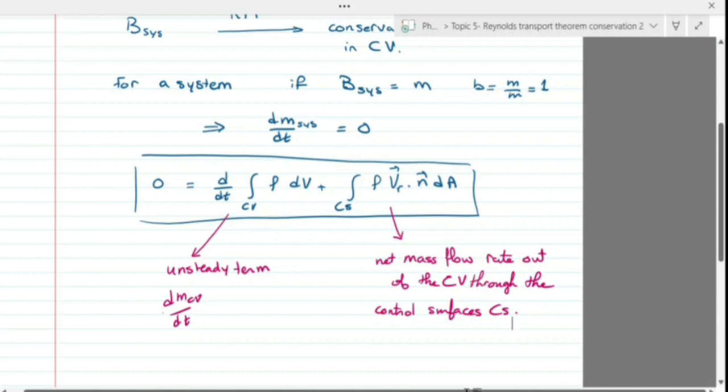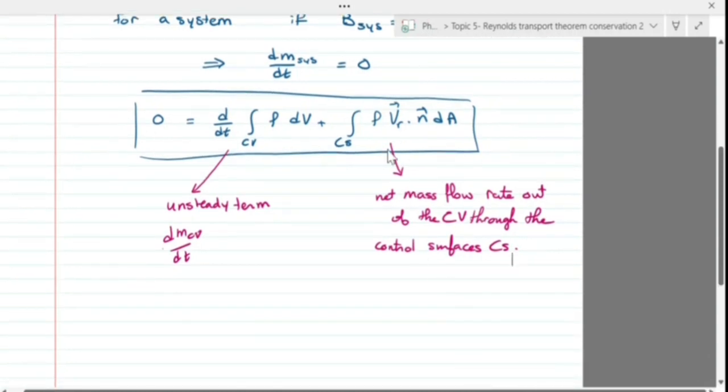Now we can do two simple simplifications. In case we have a steady flow, then essentially this term cancels out to 0. Whereas we can do a second simplification if we have well-defined inlets and outlets.